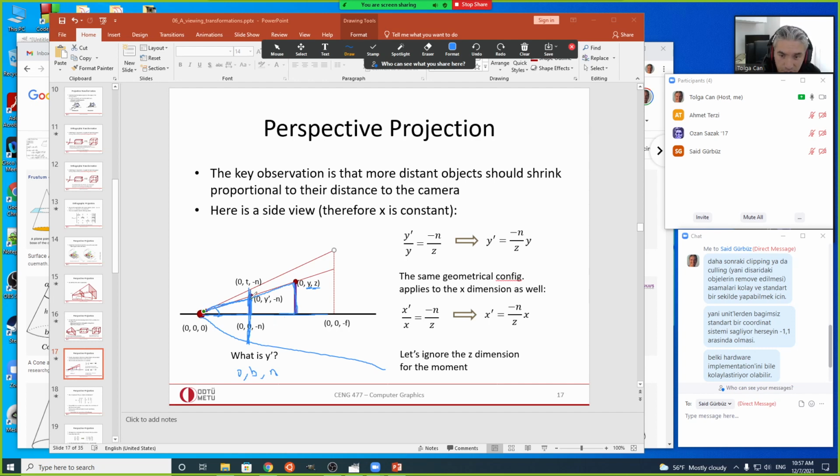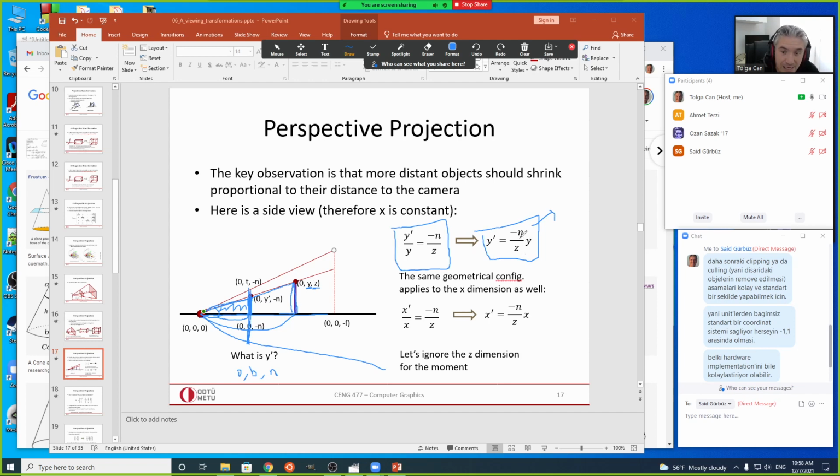So in other words, y prime divided by y is equal to this distance divided by this distance. What is this distance? Minus n. What is this distance? The z coordinate. So we get this equation from similarity of this triangle and the large triangle. And from this, we can take y prime out and write it with respect to the things we already know.